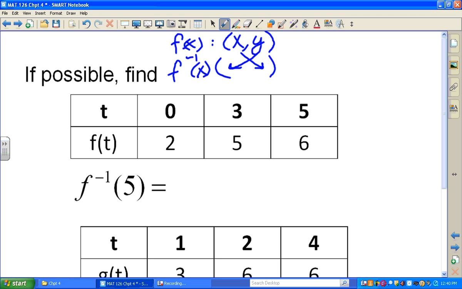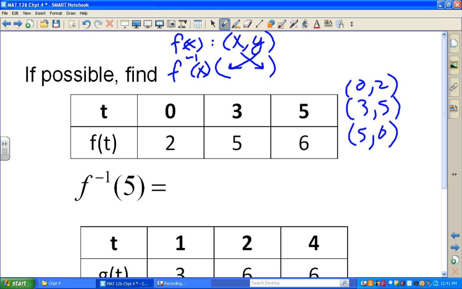Let's give this a shot. If this is the function for t, the points on here are 0, 2, 3, 5, and 5, 6. If the function is one-to-one, which it is, no x's are used twice, therefore it's a function.